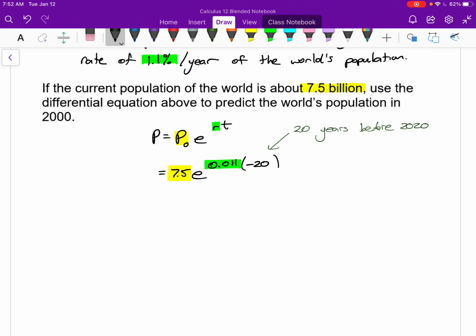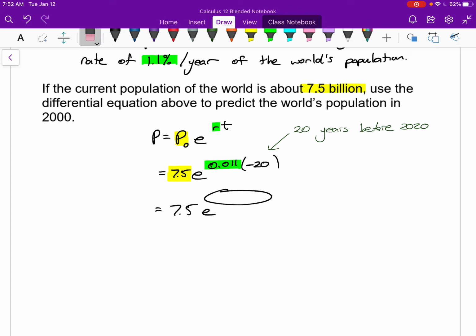In the end, I could simplify this down to 7.5 times E to the 0.011 times negative 20. I could decimalize that, but you know what, I'm not going to. Honestly, what I have right there is the most important part.